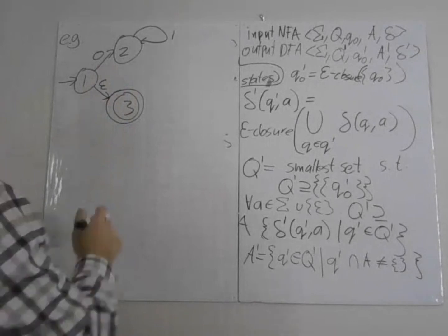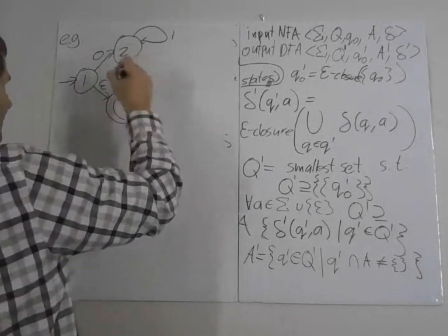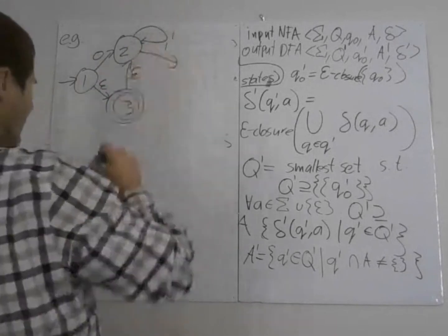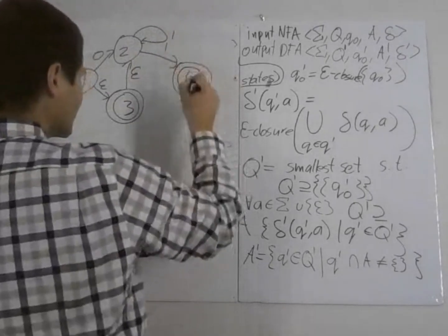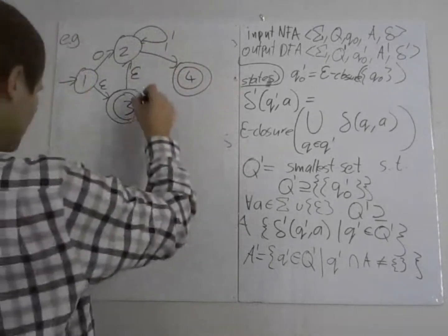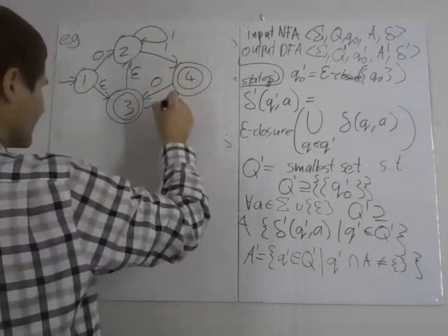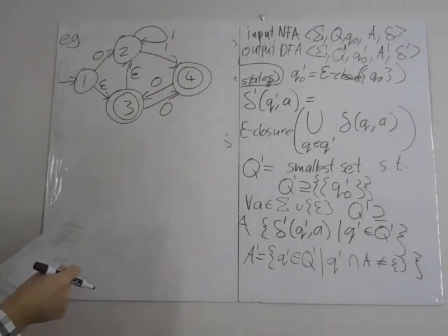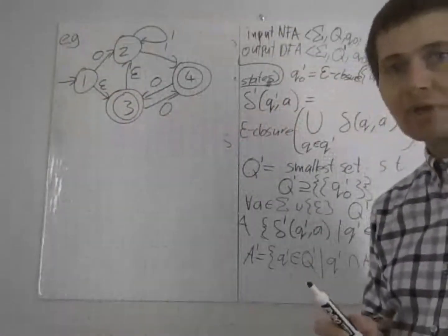And then I've got an epsilon transition from 1 to 3, and an epsilon transition from 3 to 2 and 1. And then I've got state 4, and I've got 0, and 0 going the other way. All right, so that's an example NFA.